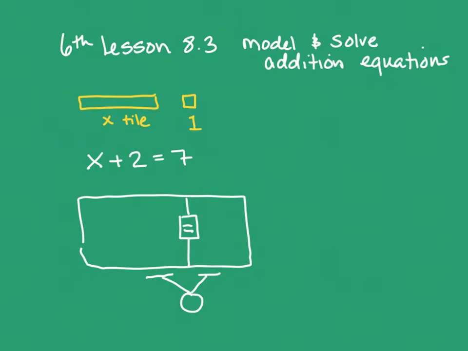So let's model it. We have one X tile. Remember, if there's no coefficient in front of the variable, then it's only 1. If there were a coefficient of 2, we'd put 2 of the X tiles, but there's just 1. So we're going to put 1 X tile on this side of the equation. We're modeling this equation over here. And we're going to put 2 of these 1 tiles.